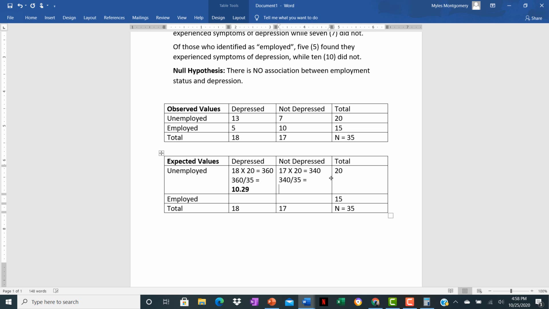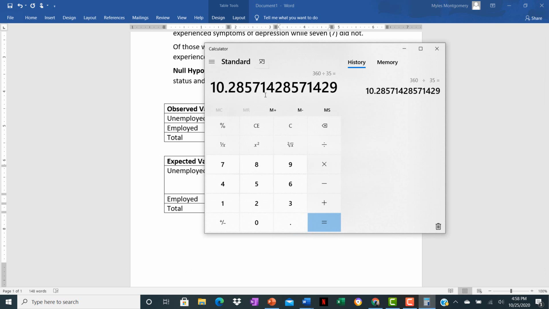It's going to give us what number? Let's take a look. Bringing back the calculator, 340 divided by 35 is 9.71, because the digit after is lower than 5, so we keep it at 9.71.